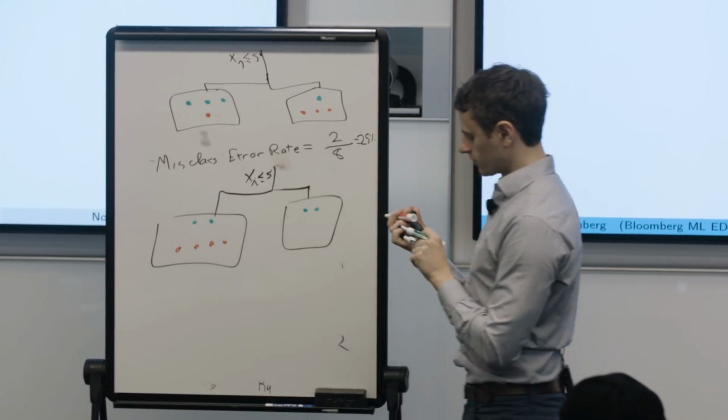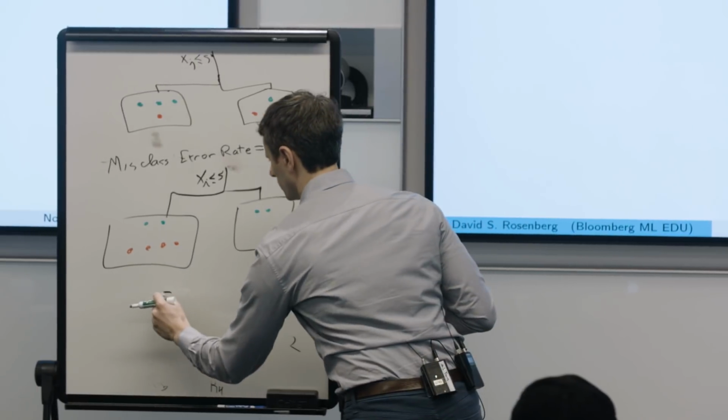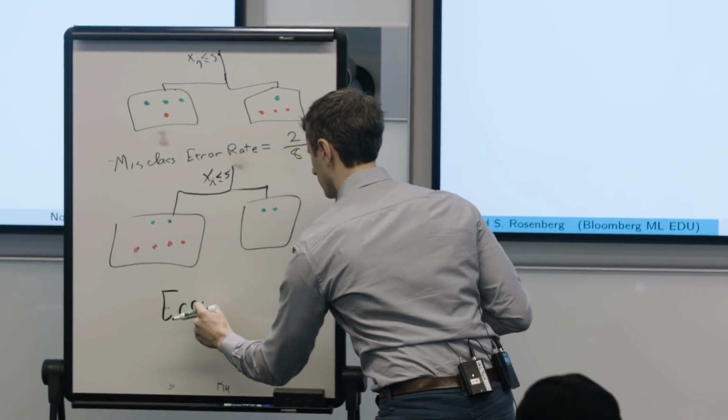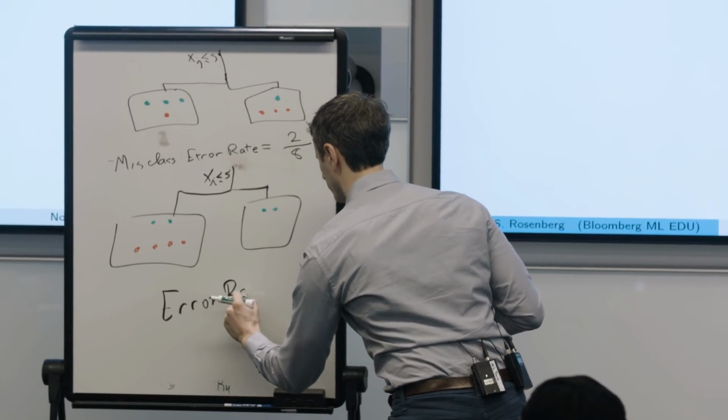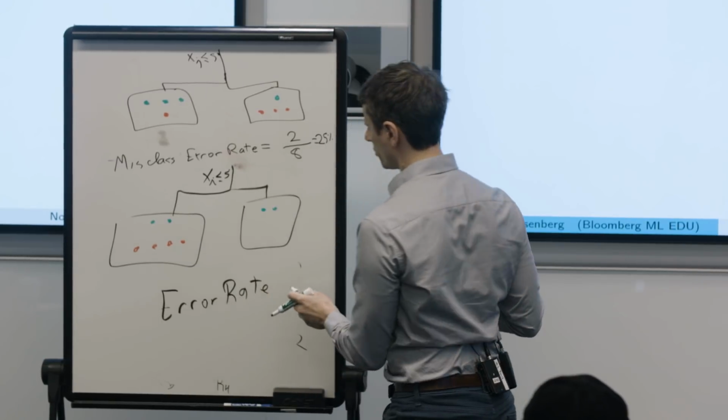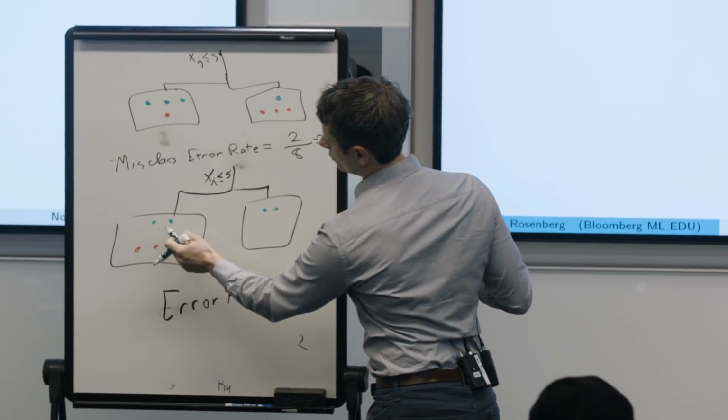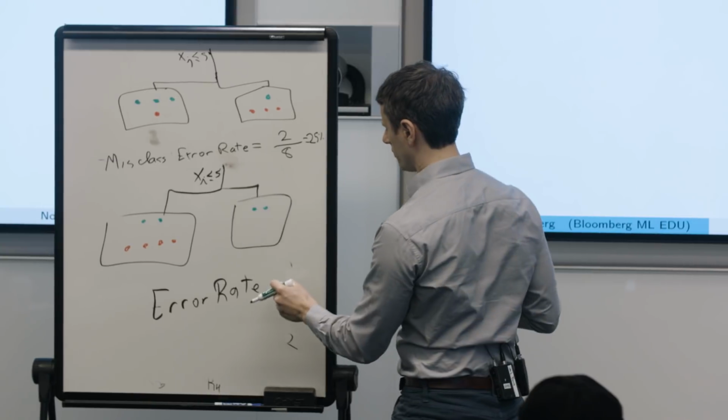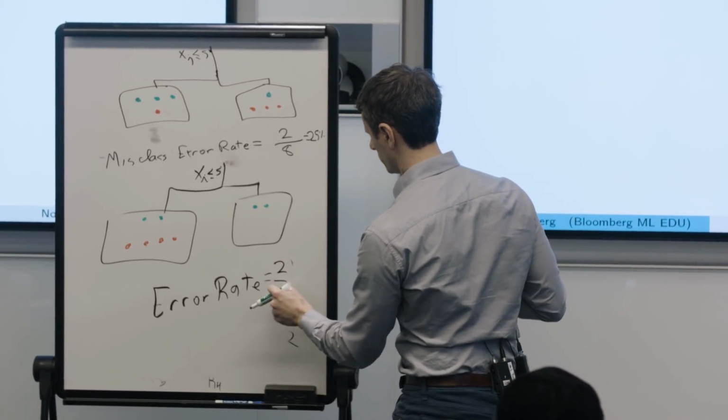All right, what's the misclassification error rate on this one? Same. Which ones are wrong? These are going to be right. These 2 greens are going to be wrong. So it's still 2 wrong out of 8.